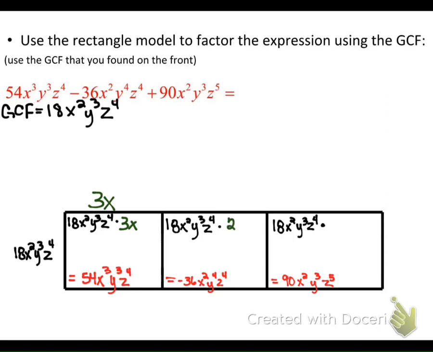So what does that 2 need to be? A negative. Good. Do I need any more x's for my width? No. Do I need any y's? Yeah. How many? And then do I need any z's? No. So the width of my second rectangle is what? Negative 2y.